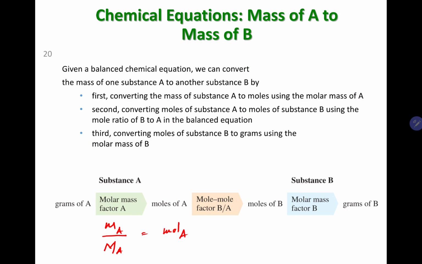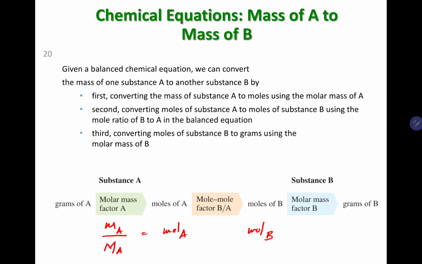And then you will use the mole ratio just like we did before, and then you will get the moles of B. But once you have the moles, you have to convert it back to grams so that everyone else can understand it.